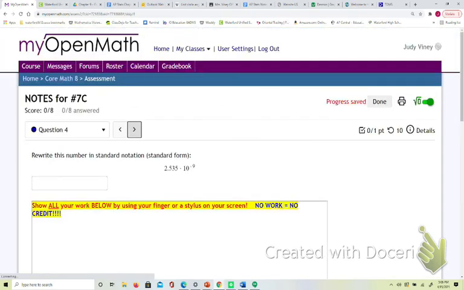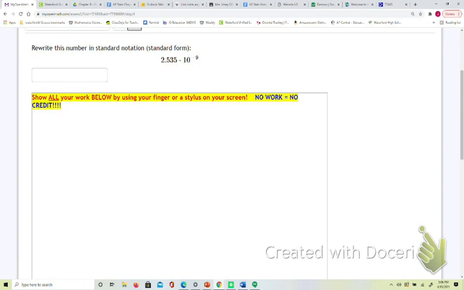Number 4. Okay, again, they want us to put it in standard form. So 2.535 times 10 to the negative 9. Okay, now, when it's a negative exponent, I remember that I have to move the decimal to the left.